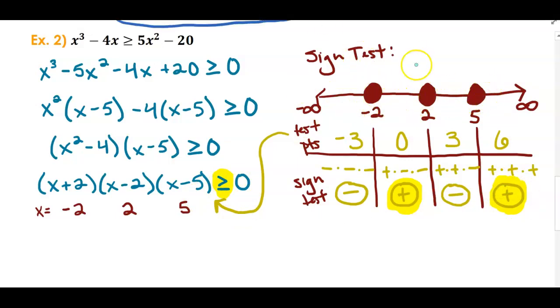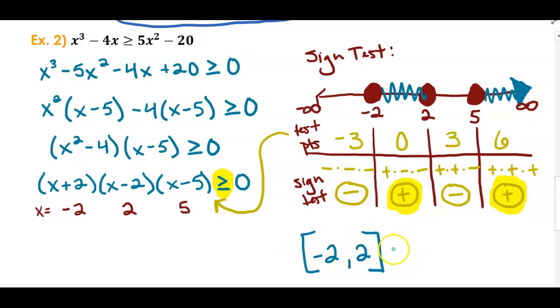Looking at these intervals, I'm between -2 and 2, and then 5 and infinity.